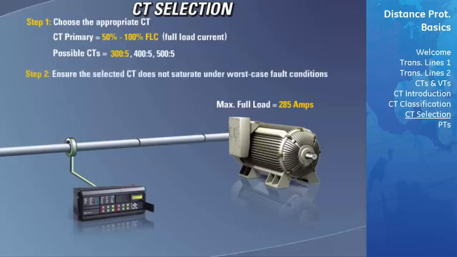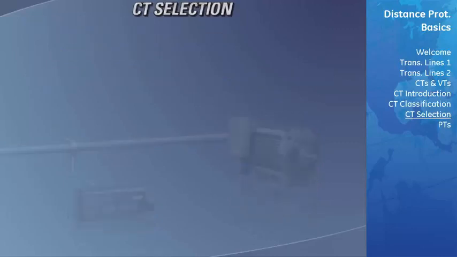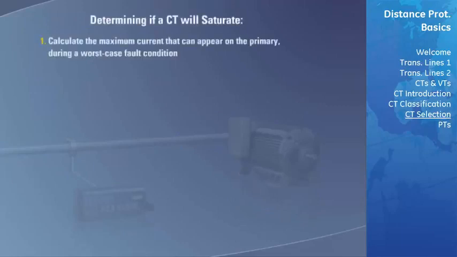The next step is to ensure this CT doesn't saturate under worst-case fault conditions. If it does, a higher ratio CT, such as the 400 to 5 CT, may need to be chosen. The first step in determining whether a CT will saturate is calculating the maximum voltage that will appear on the primary current of the CT under a worst-case fault condition.